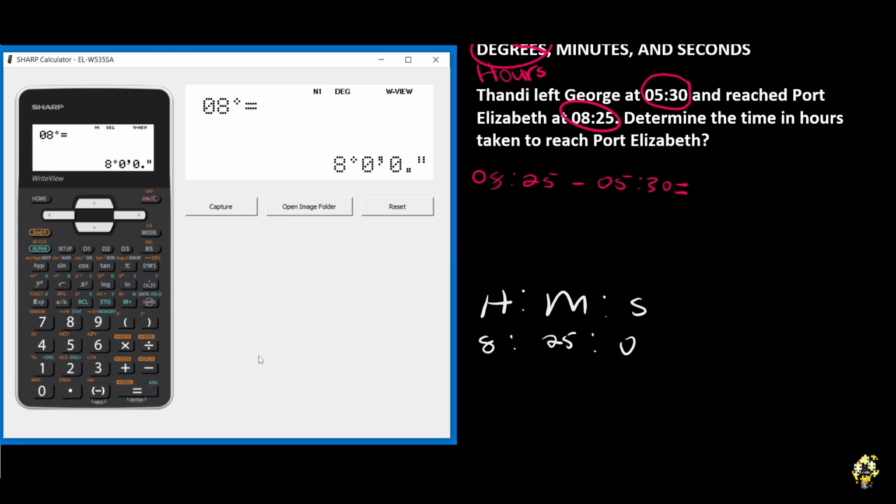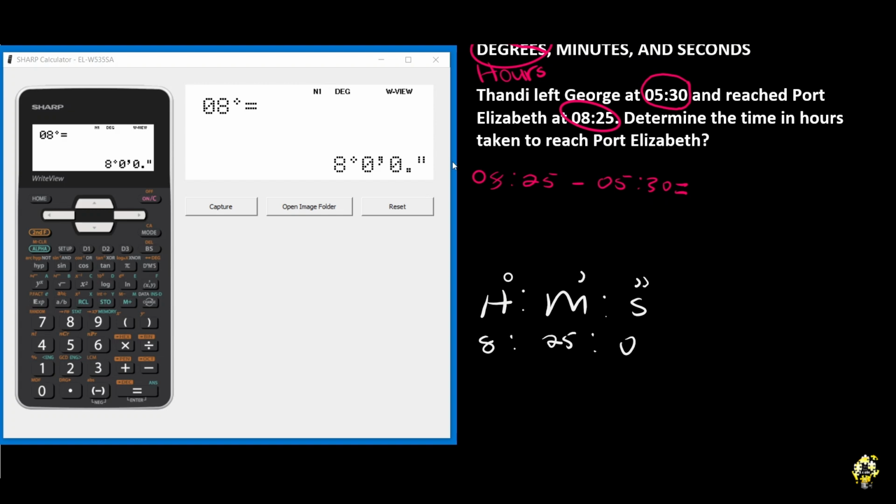Now you have this degree form, this minute form, this seconds form. That's what they mean. Let me put them here. The degree form is for hours, this one is for minutes, and when you have both of them, it's for seconds.